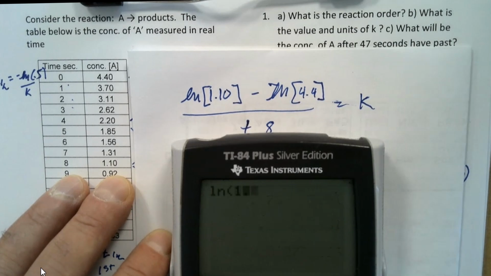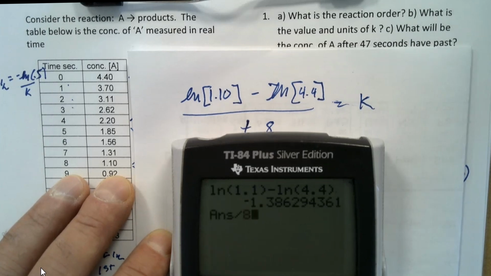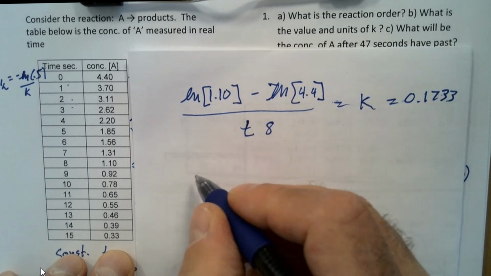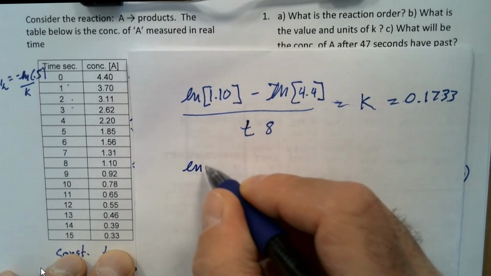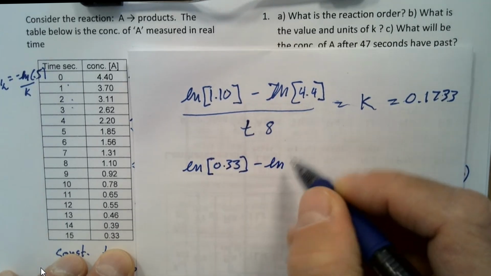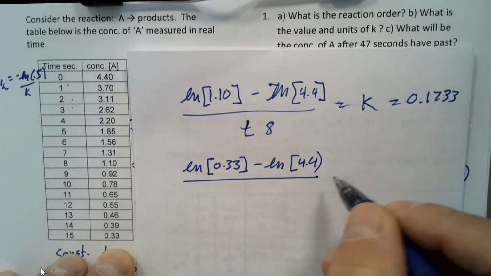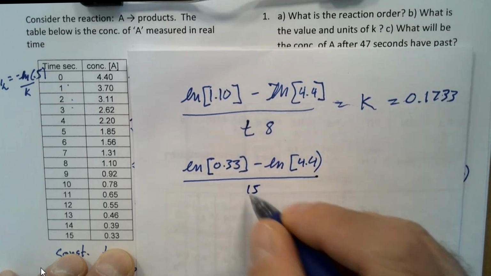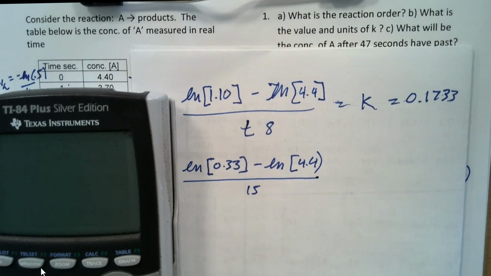Natural log 1.1 minus natural log 4.4. Okay, I'm going to hit enter at this point and then divide by 8 seconds. And why don't I come down here to the bottom? There's my concentration at the very end of my plot. And this took 15 seconds. So I'll try the same idea here.